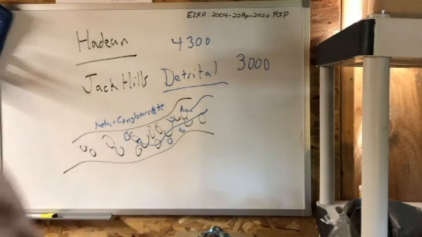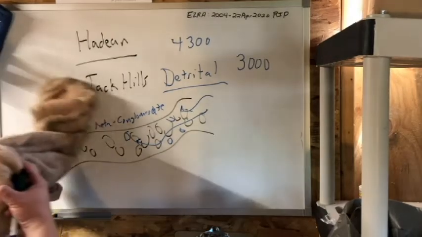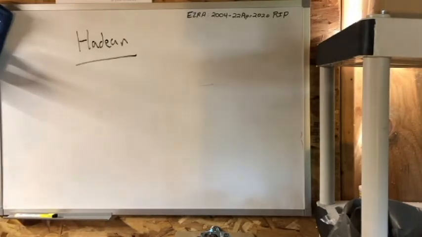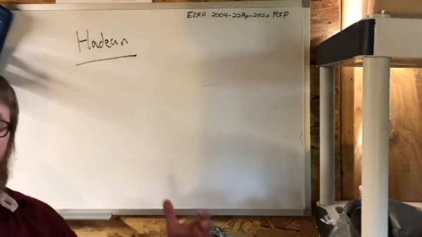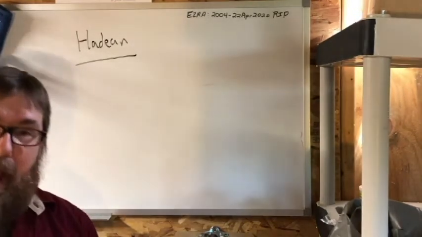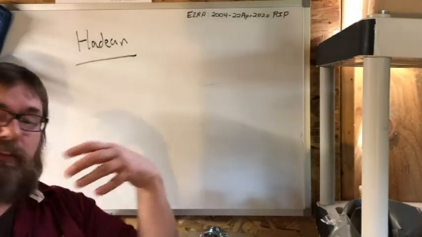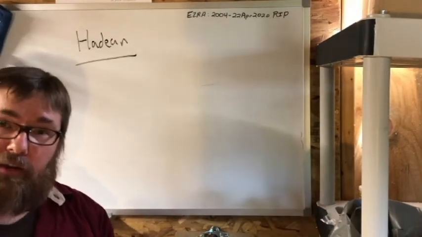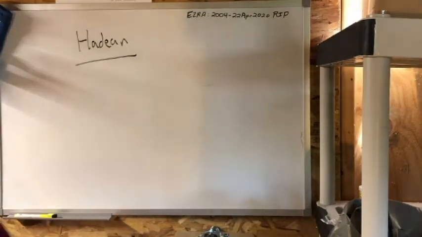Okay, so we don't have actual continental crust in the Jack Hills that is Hadean in age. What I mean by continental crust is crust that was deposited as magma upwelled and solidified. So igneous rock or meta-igneous rock, because it probably would have undergone metamorphism several times.